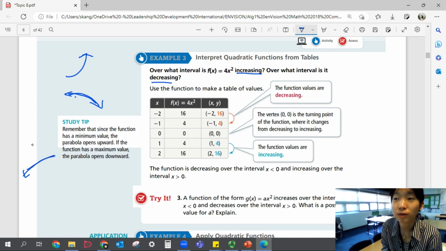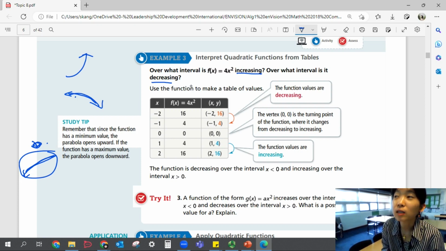So even though if you look at this graph, from left to right, it is increasing. Although it looks like the arrow is pointing downwards, from left to right, the graph is still going up, right? So yes, you always have to read from left to right.